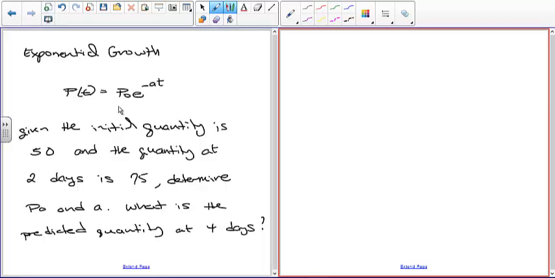Okay, so we need to determine P0 and a, and to do P0, we use the initial quantity. So what we can say is that P of 0 equals 50. So P of 0 equals 50 equals P0 e to the minus a times 0.